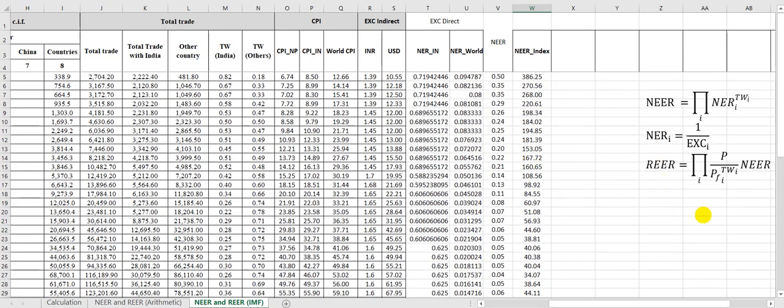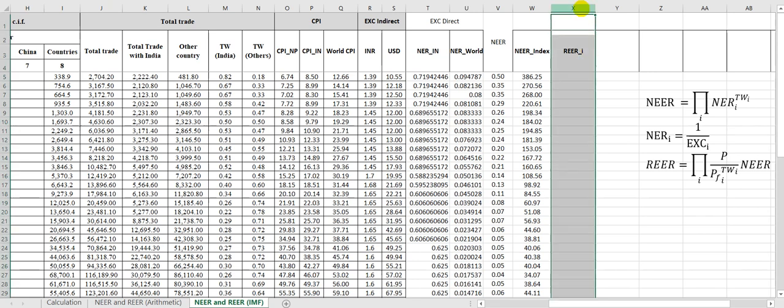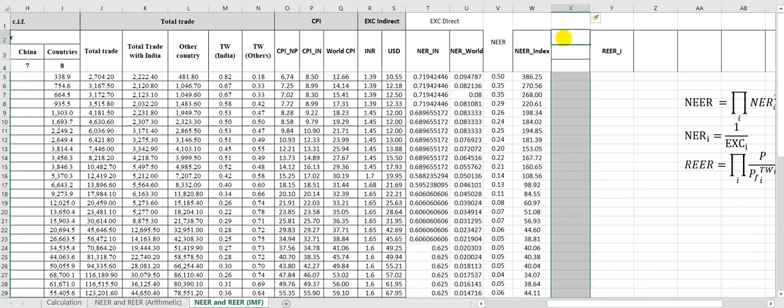And to calculate RER, I will find the price index, or I will simply multiply the NER with the respective price ratios. I think it will be a bit confusing, so I will add a column here.